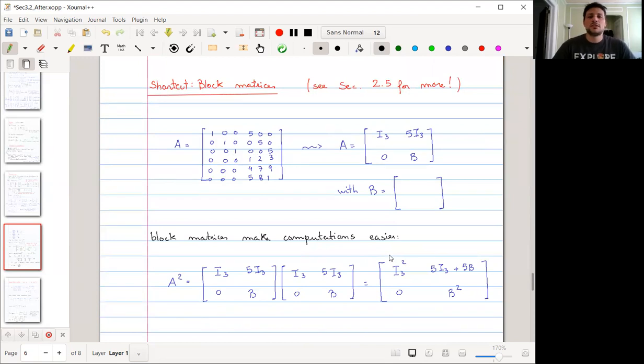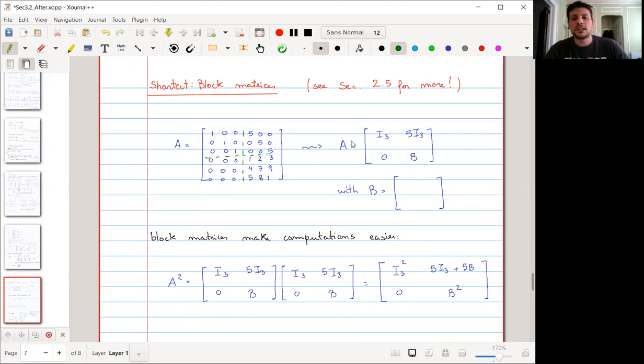I just want to comment very briefly about a possible shortcut that may appear sometimes, and in those times it may make your life a little bit easier. Sometimes matrices have some sort of block structure. In this matrix here that I wrote down, you can see that there are 3 by 3 blocks in it that allow us to write it very simply.